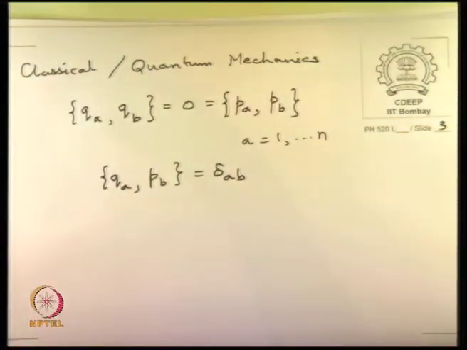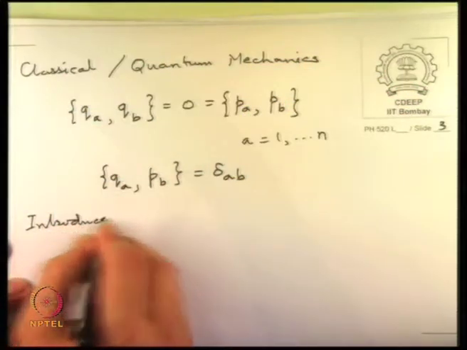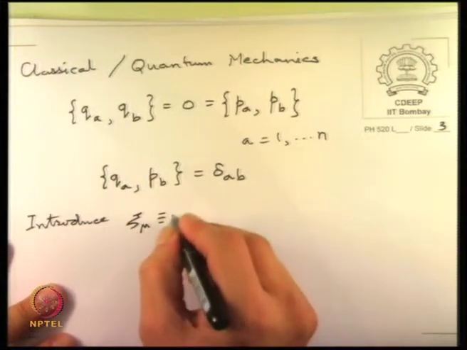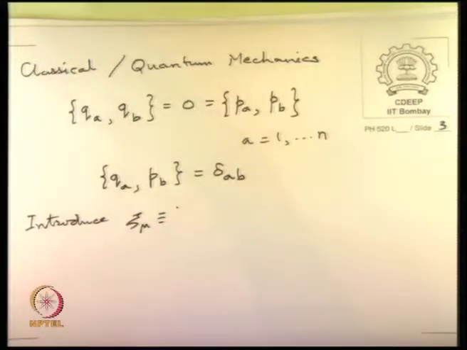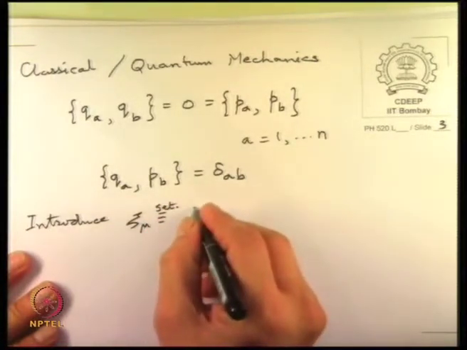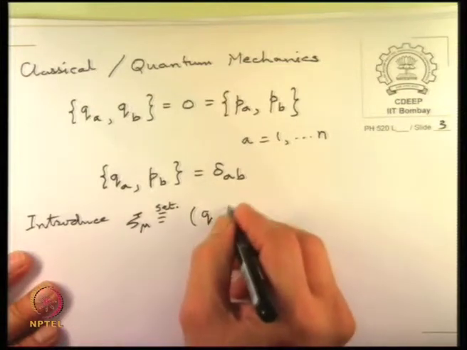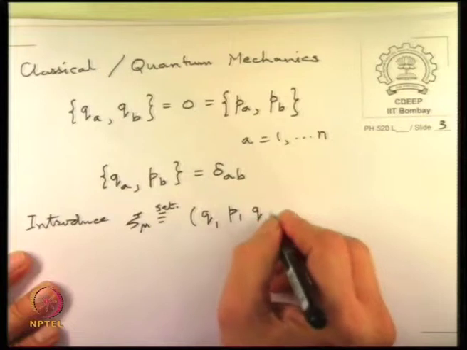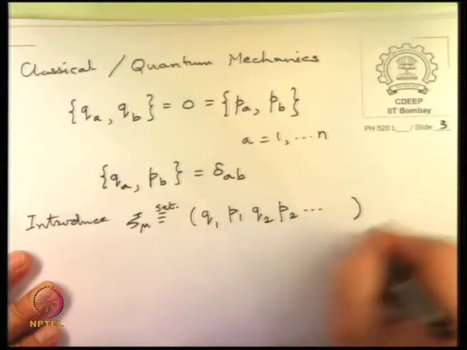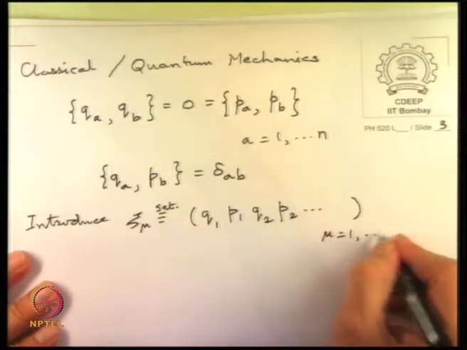So this amounts to introducing psi, which is, as a set, set equality, equal to Q1 or P1 or Q2 or P2, and here mu will then go over 1 to 2n.